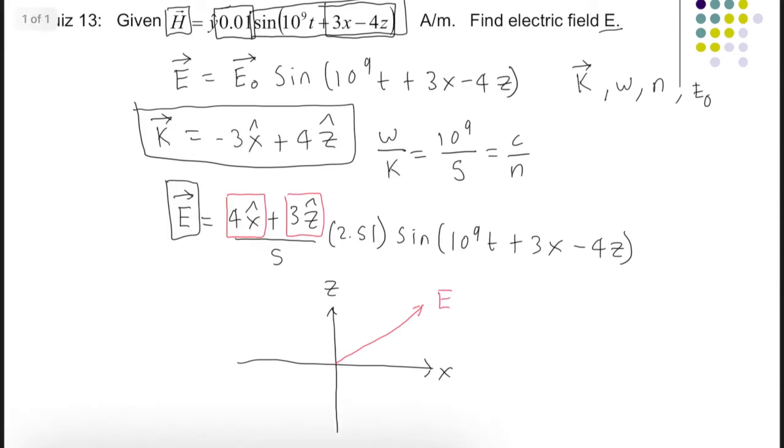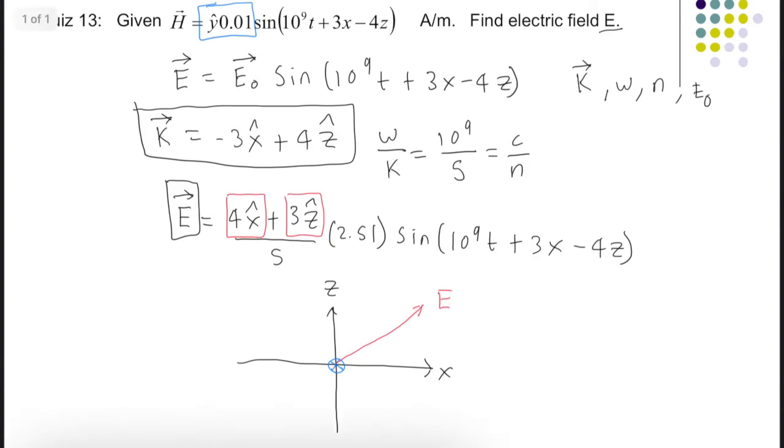Now let's take a look at the H field. Our H field right here has a value of 0.01 y. So it's constantly y in this problem. So because we can see that, our y will be into the page like this.